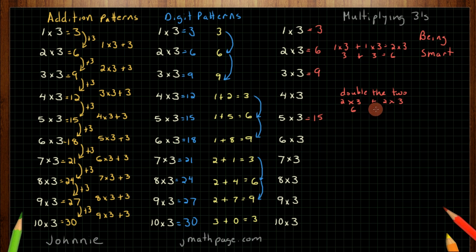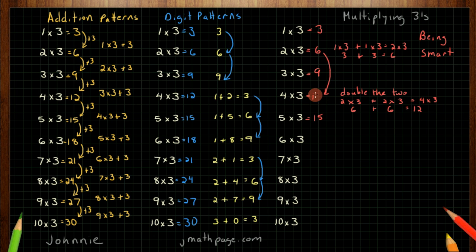So we got 6 for the first one, plus 2 times 3 is 6. And these together will give us 4 times 3, or 6 plus 6 equals 12. So what we've done is we've doubled the 2. So here's the 2. 2 times 3 equals 6, double 6, and what do we get?